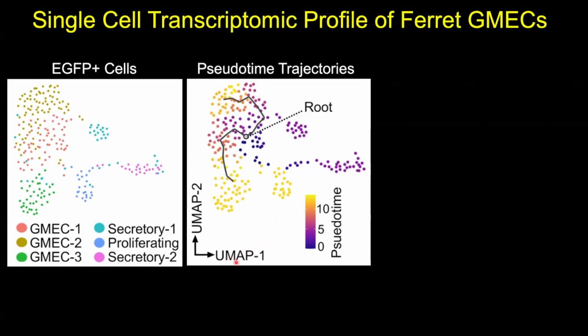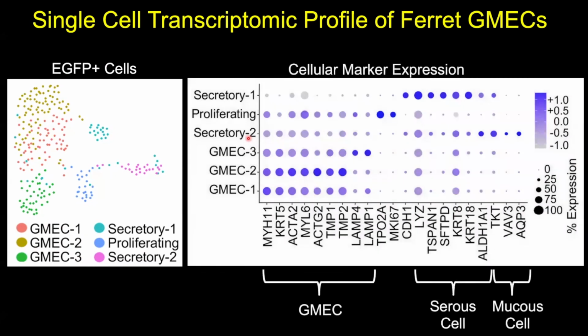Using the UMAP plots on pseudotime, one can see that potentially the route of maturation, based on the transcriptional changes that occur here, bifurcates into 2 different subpopulations of glandular myoepithelial cells, with GMEC1 potentially being the primordial stem cell for this compartment.